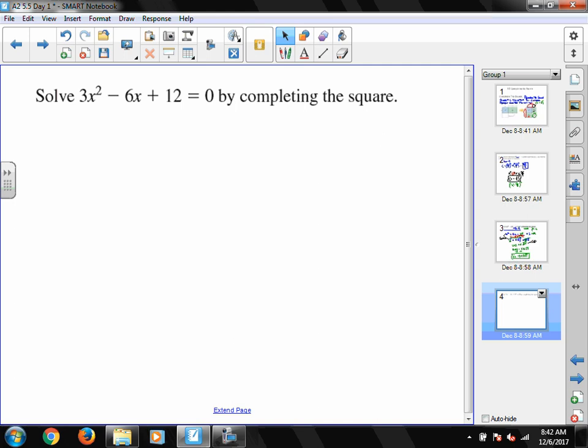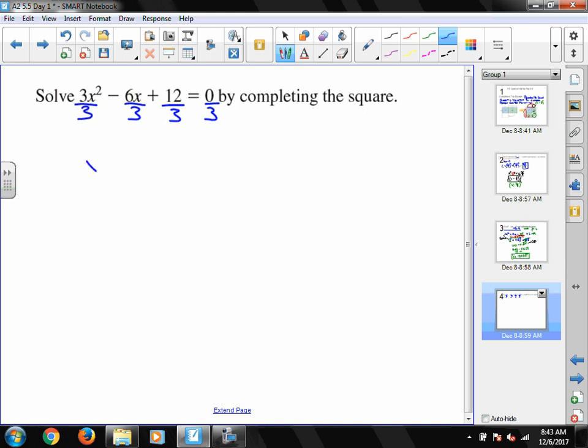And this will work in any case where you have an a value that is not 1. All we're going to do is divide everything by 3. Now, sometimes that may end up with some fractions, but that's okay. We had a fraction in our first example, so we know how to work with those. Everything will be okay.